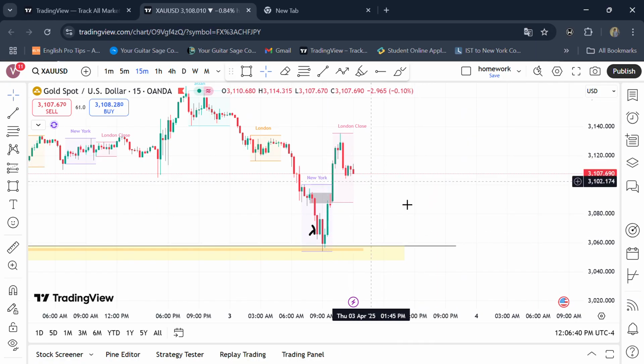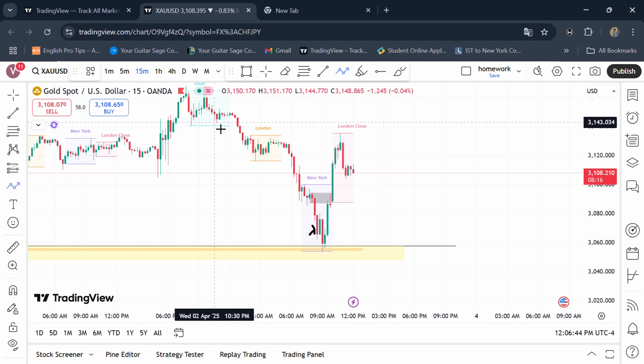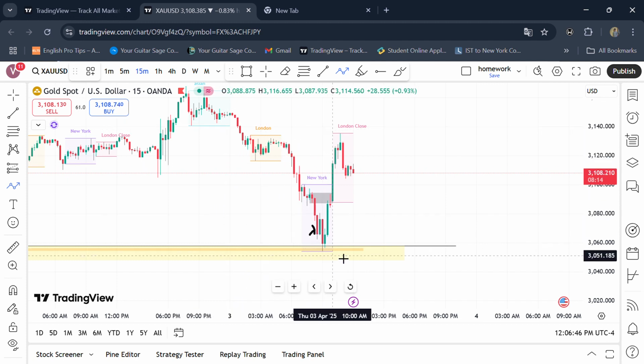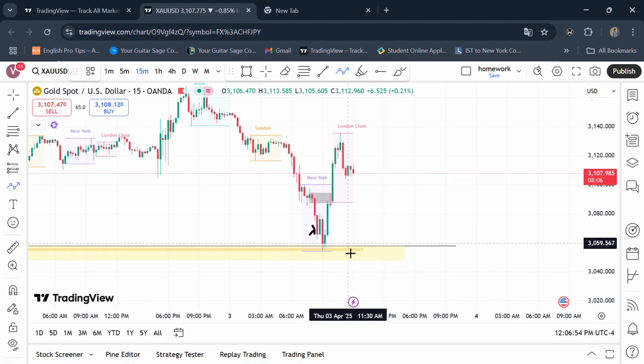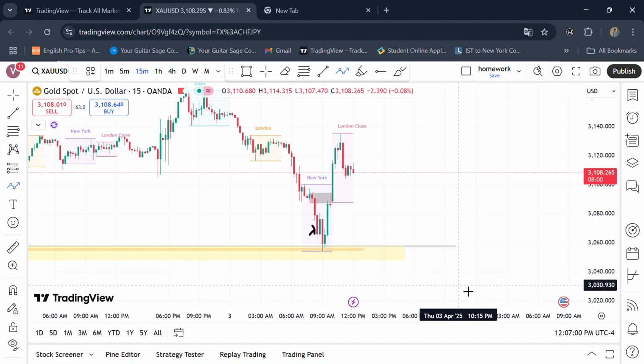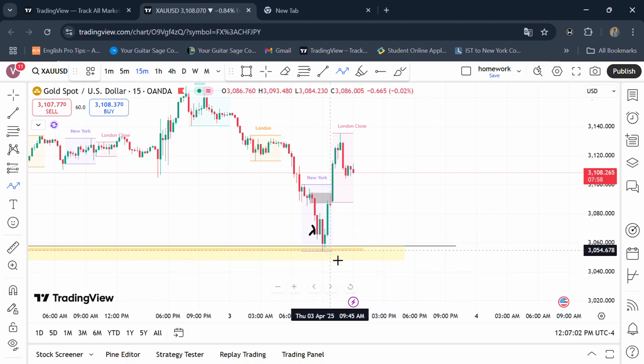Either it goes up or it goes down. Now, since it's falling since morning, it makes sense for us to think that it should retrace, if not much, at least a little before continuing its way below.